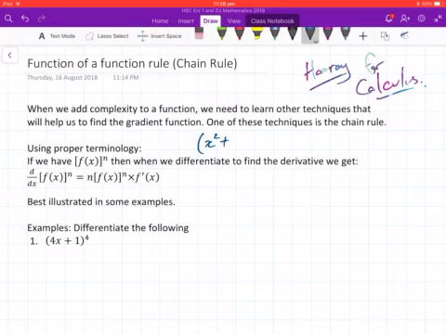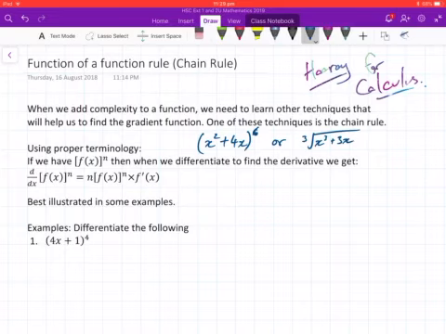If I had something like this, x squared plus 4x to the power of 6, well, currently we don't really know how to expand to the power of 6. If I didn't have the chain rule, I'd have to somehow expand it and then do each term one at a time. But if I have the chain rule, I could differentiate something like this, the cube root of x cubed plus 3x, without any trouble at all.